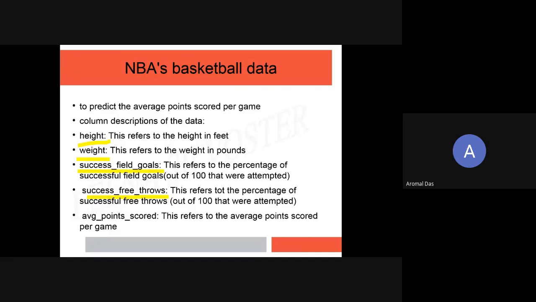And the average point scored. This refers to the average points scored per game. So we have read the data which is located in the data directory, and the name of the data file is basketball.csv. So it is stored in a data frame.